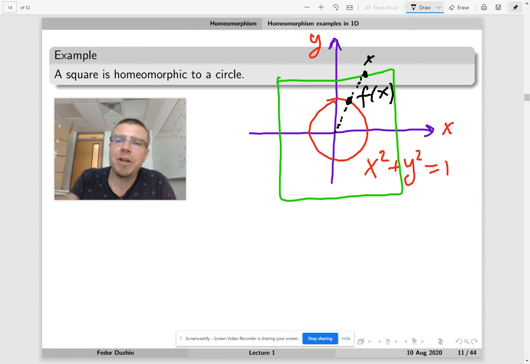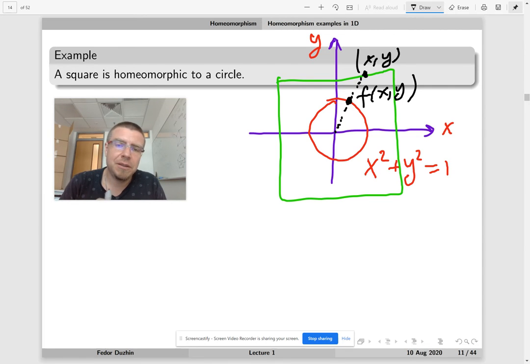Since we're dealing with the plane, it's probably more convenient to write xy. And this is going to be f of xy, meaning that xy represents a single point with coordinates x and y on the plane.